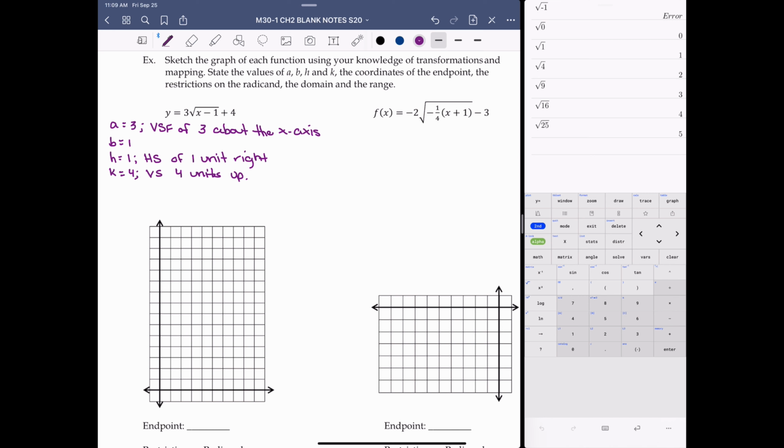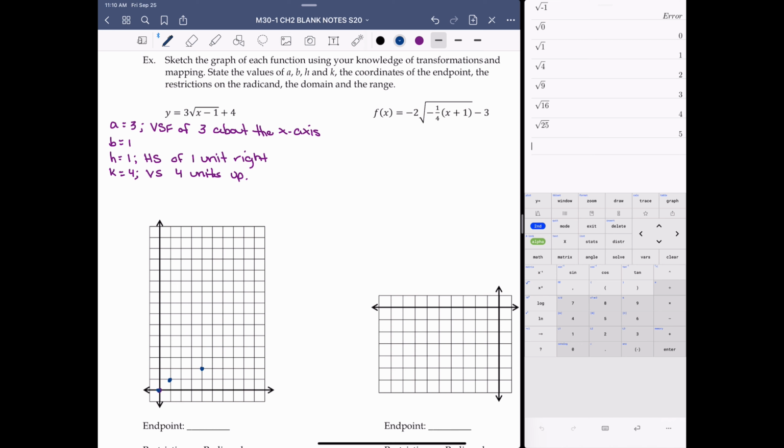Let's start with our base function and then do some transformations using mapping notation. So I'm going to draw a quick sketch of my base function, square root of x. I know it has an endpoint at 0, 0, and then it goes to 1, 1. Square root of 4 is 2, so point at 4, 2.